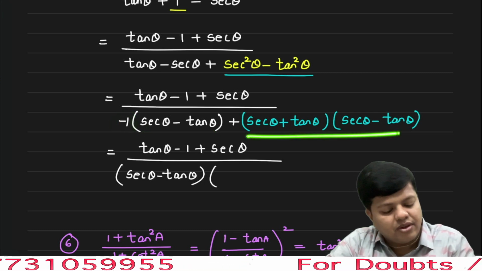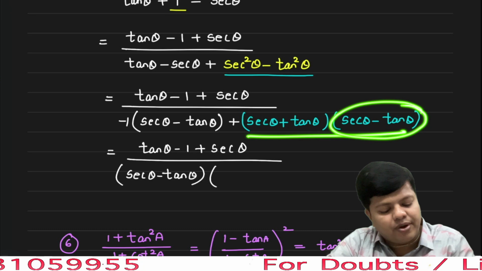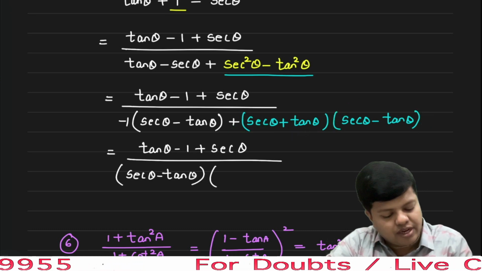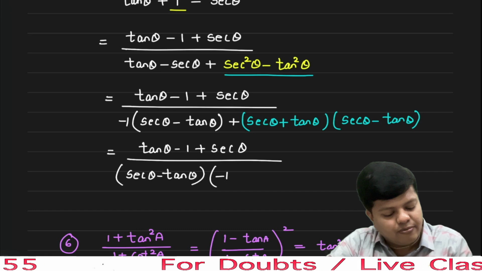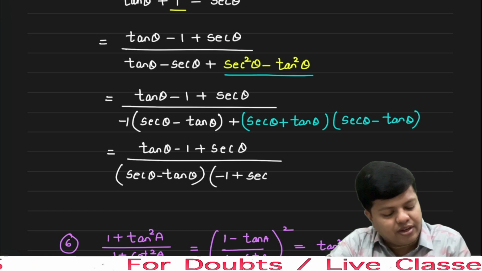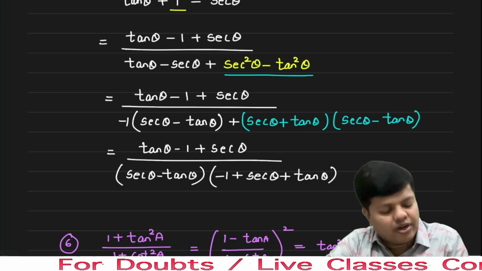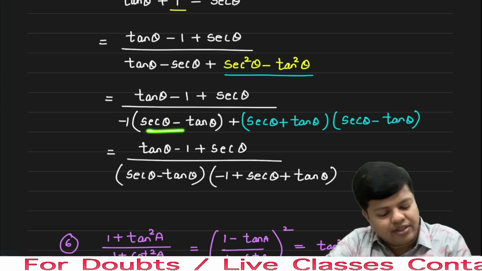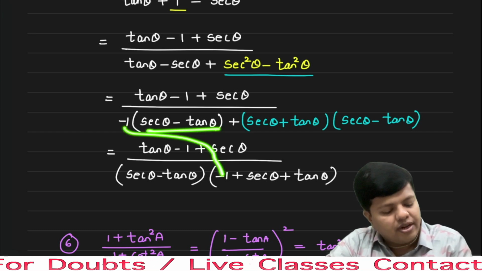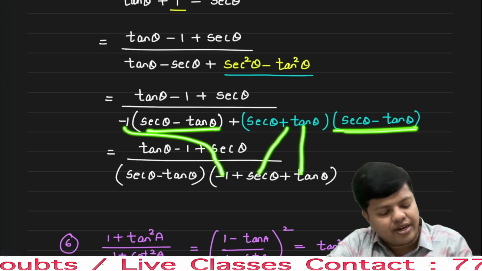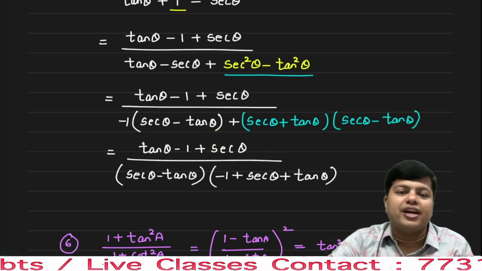In this term, if I take this as common, what is left, plus secant theta plus tan theta is left. I'll explain once again. If I take this common, minus 1 is left, and if I take this common, then secant theta plus tan theta is left. Okay, I have written.